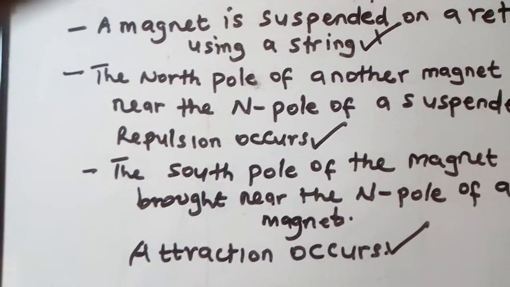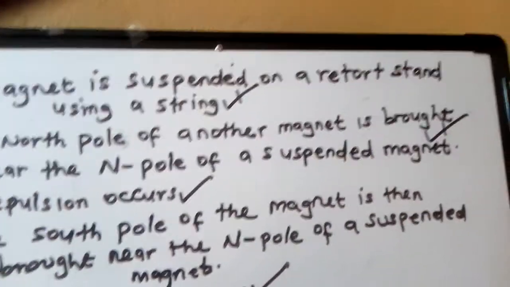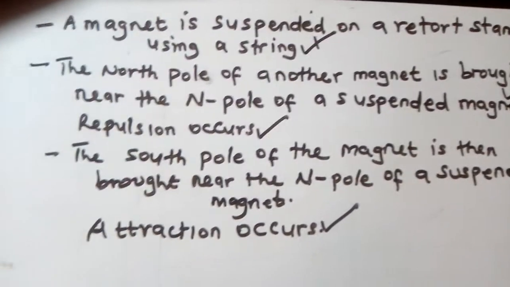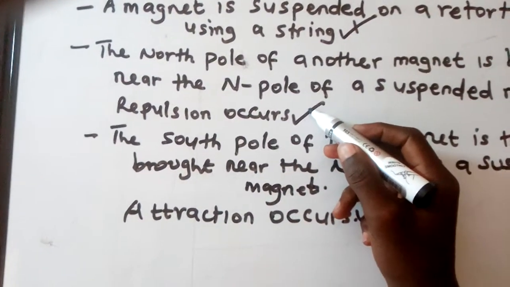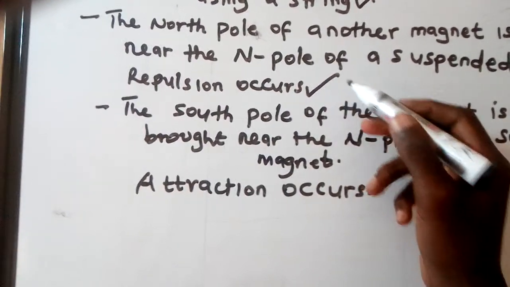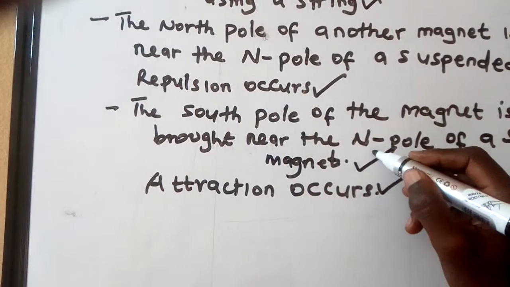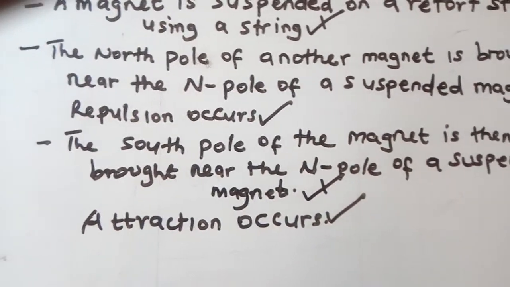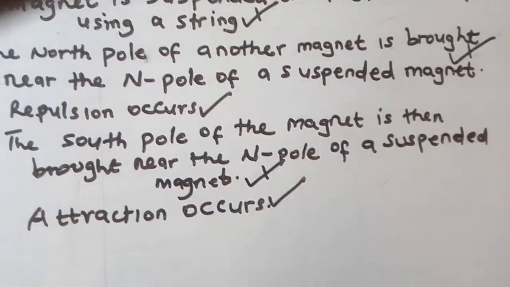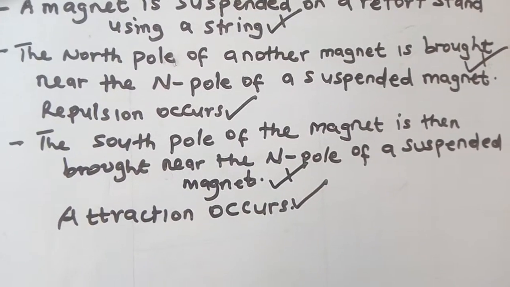The second one, you will also get some marks. Then for the observations, repulsion occurs, attraction occurs, you can also get some marks. Then this procedure, where the south pole of a magnet is brought near the north pole of a suspended magnet, you can also get some marks. So you can see you're already gathering your marks.